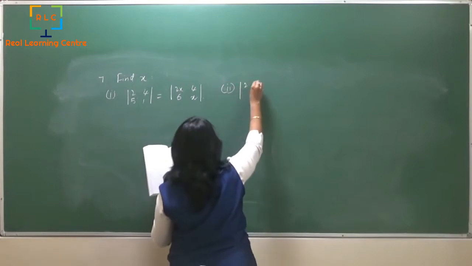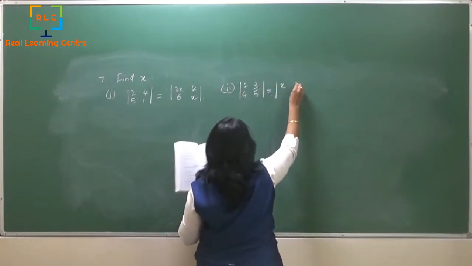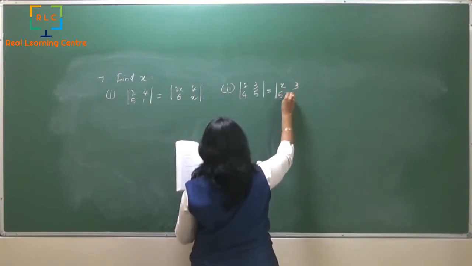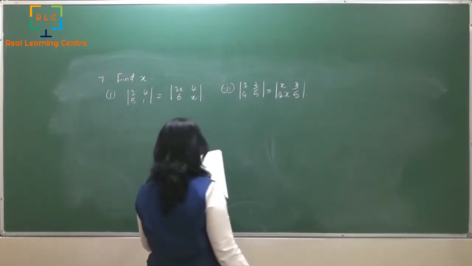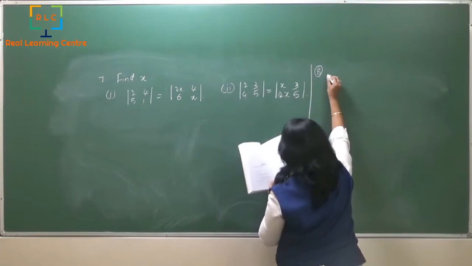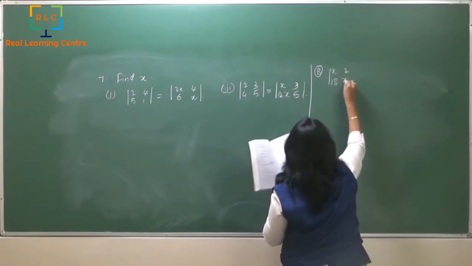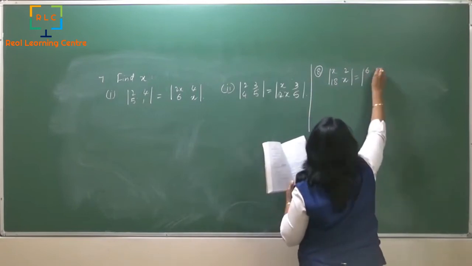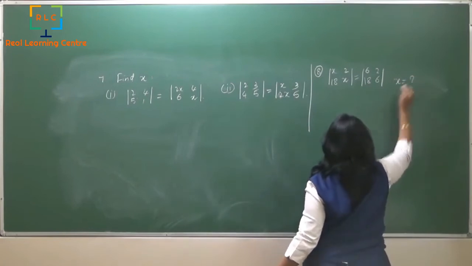Second one is the determinant of 2 3 4 5 is equal to the determinant of x 3 2x 5. And then there is another, that is the 8th question. You have the determinant of x 2 18 x is equal to the determinant of 6 2 18 6. Then what is x equal to?